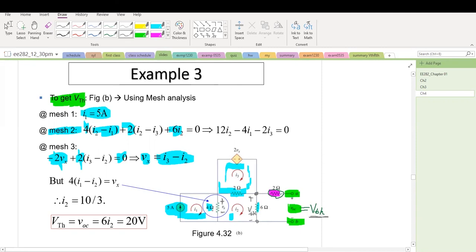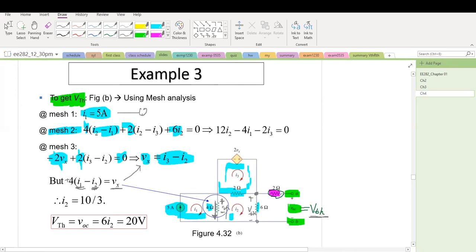Vx equals 4 multiplied by I1 minus I2, because I1 goes in this direction. If I take the difference of I1 minus I2, then the combined direction is going to flow down. That will agree with the passive sign convention of Vx. Therefore, there's no negative sign here. There's a plus sign here, no negative sign in front of 4 here. So that's Vx. Plug in Vx inside here.